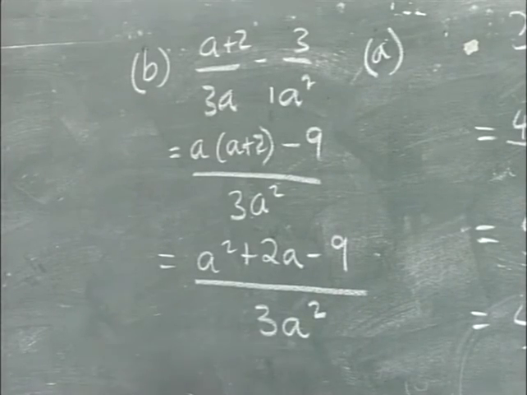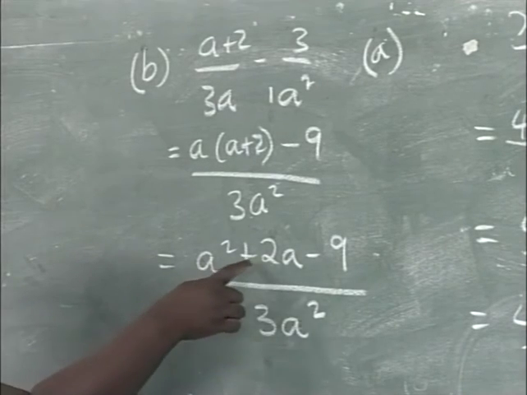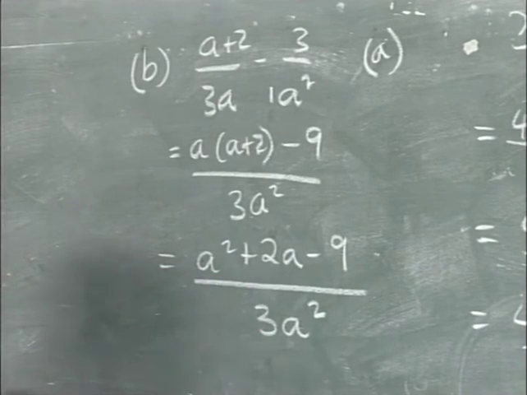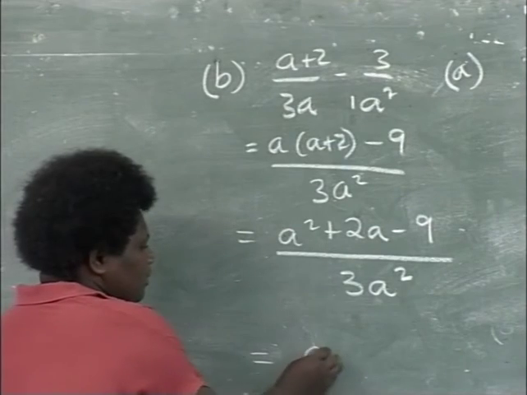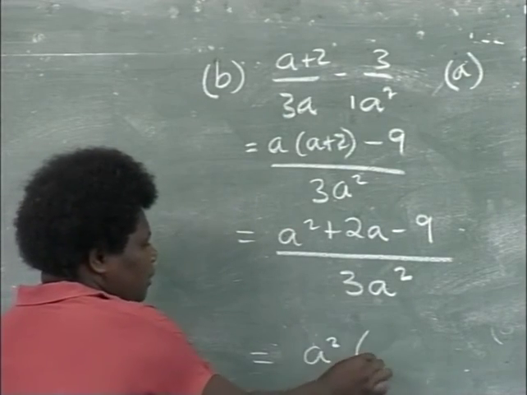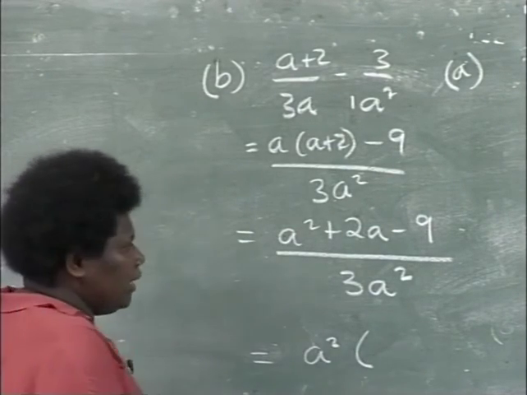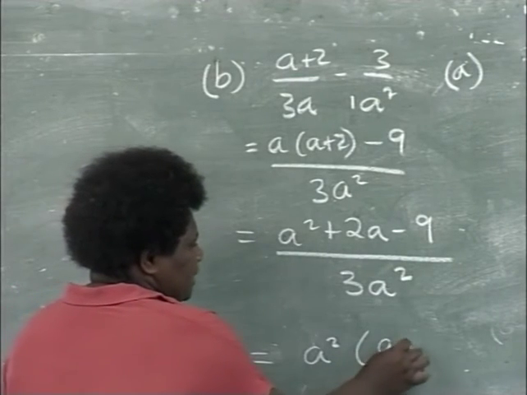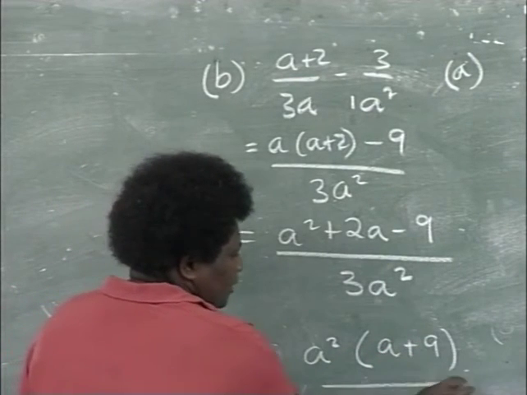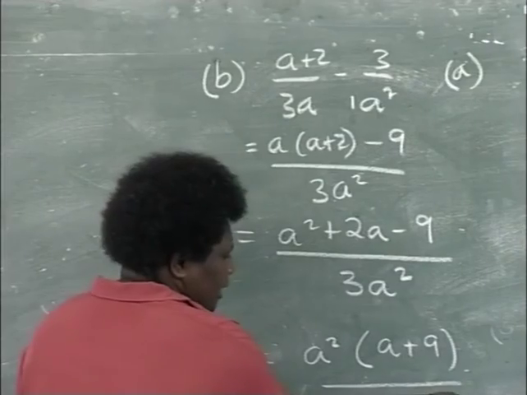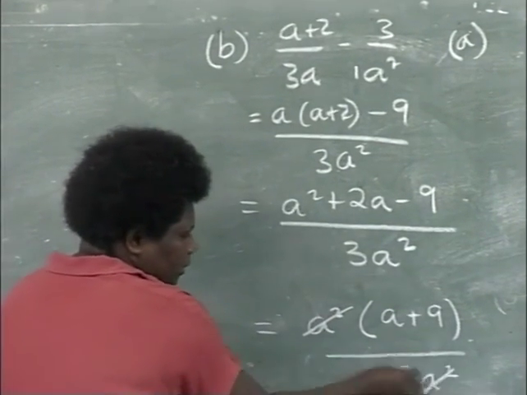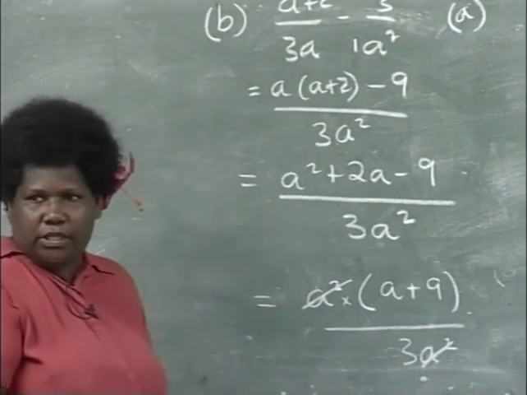I already told you, if you've got a plus there, it means do not cancel. If it was like this, see the difference? If you were able to factorize, and then you get A squared times A plus 9 over 3A squared, then you can cancel A squared and A squared, because there is an unwritten multiplication sign.